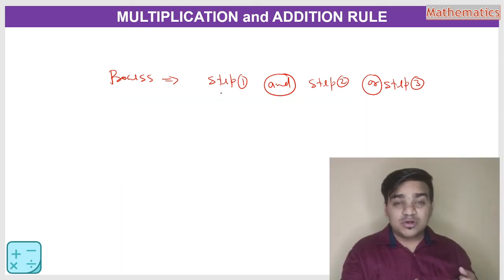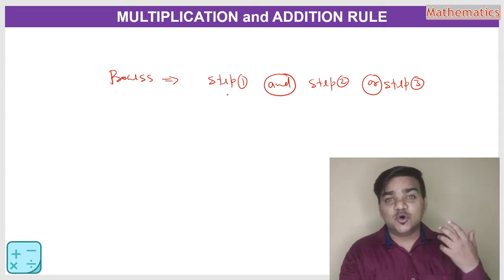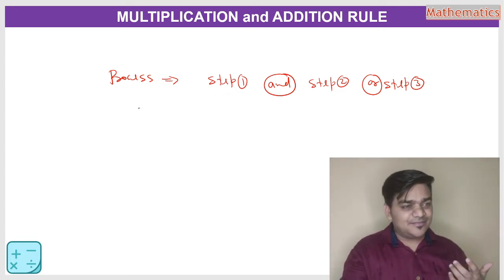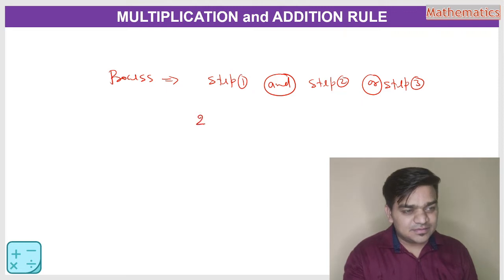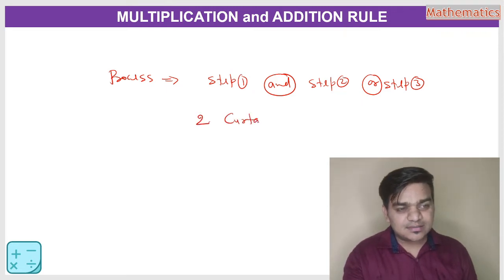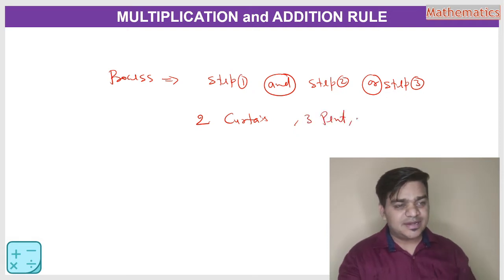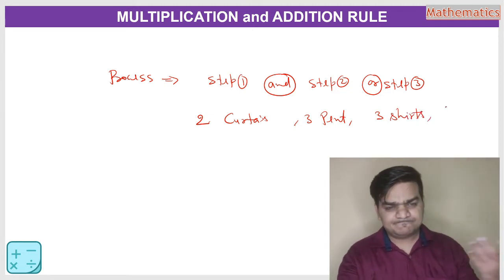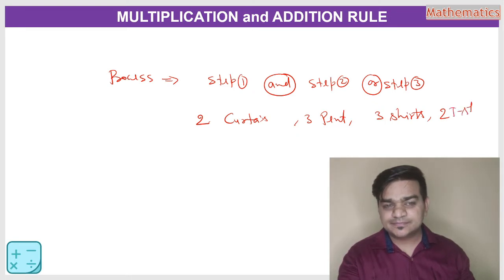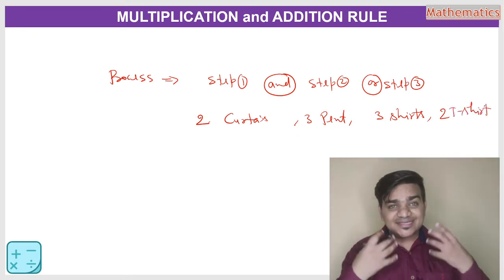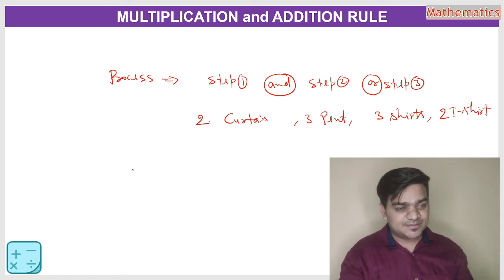Now, because these steps are known to us, like if we have 2 kurtas, 3 pants, and let's say 3 shirts, we can say 2 t-shirts. If I have to be dressed up, what will be the process?